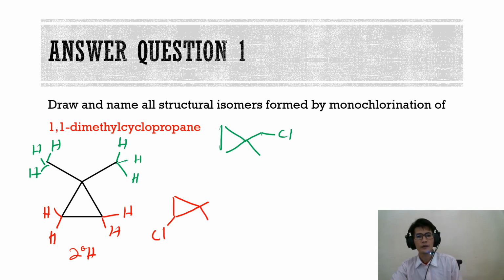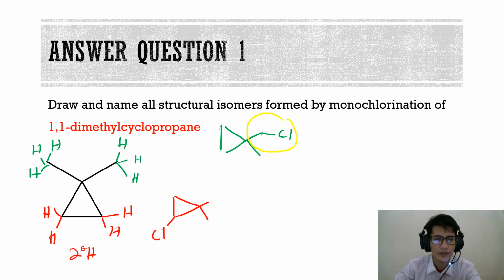Alright, so let's give the name for the green colored. Okay, this one we have discussed just now. This is the chloromethyl in the bracket, and the other part is the methyl.